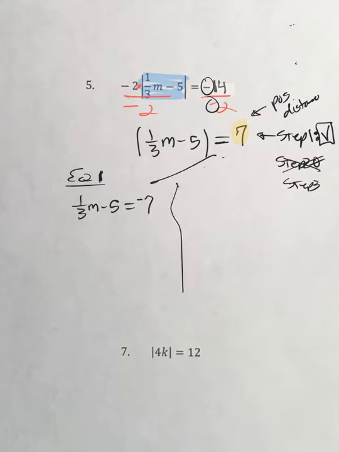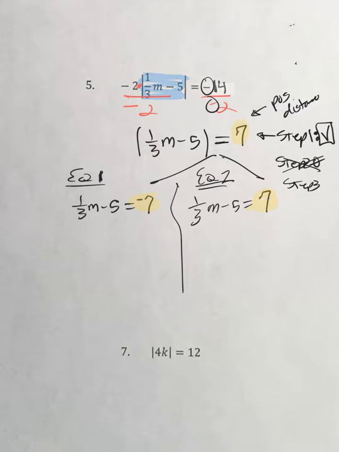Or what's inside could be +7. If we're 7 units from 0, we could be standing at -7, or we could be standing at +7. And notice I do not have any absolute value bars in the writing equation step because we're talking about what's inside.